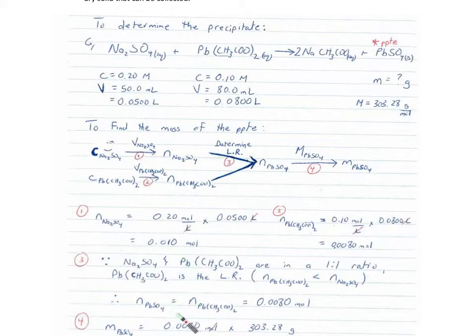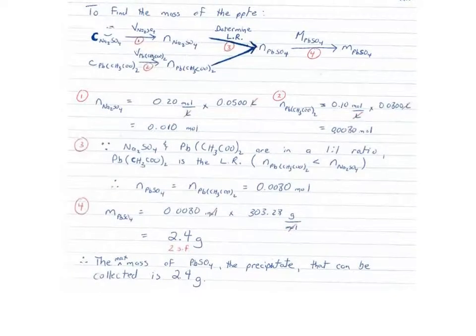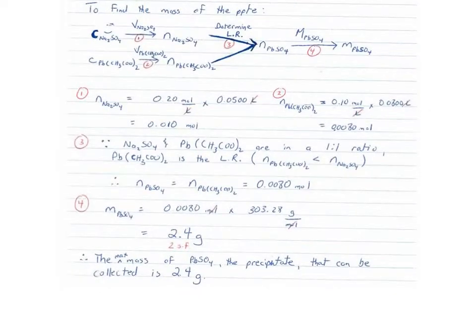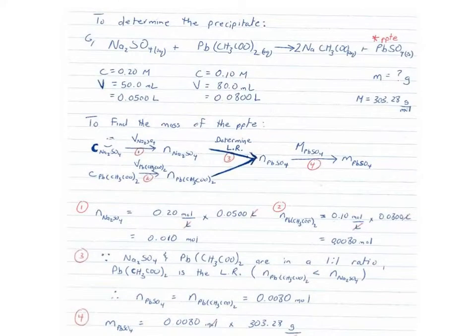To determine the number of moles of PbSO4, I can quite simply say that they are equal to the number of moles of the lead(II) acetate, because once again, the PbSO4 is in a 1-to-1 ratio with that lead(II) acetate.